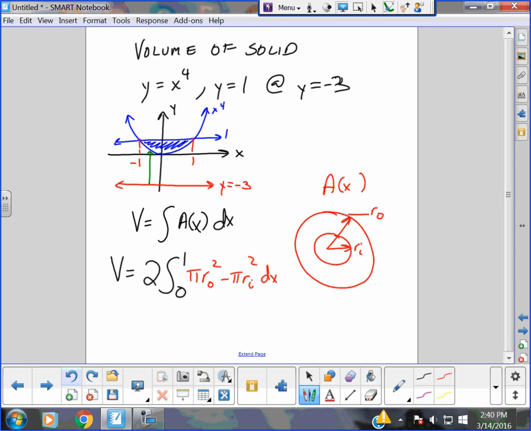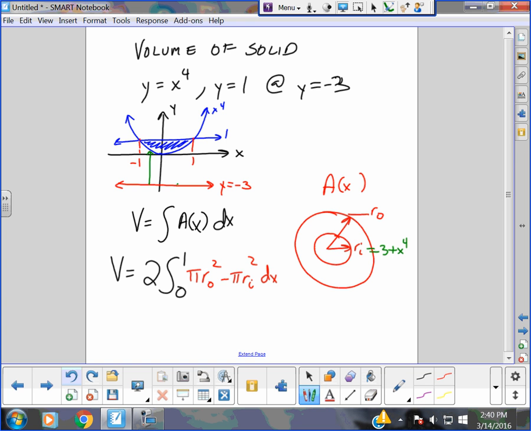So think of it this way: it's x to the 4th, the curve, minus a -3. Or else, here's what I want you to see. Do you guys see how this is going to be 3 right here, and how this portion up here is going to be y? So when we do these functions on the inside radius, I think this one's going to be 3 plus x to the 4th.